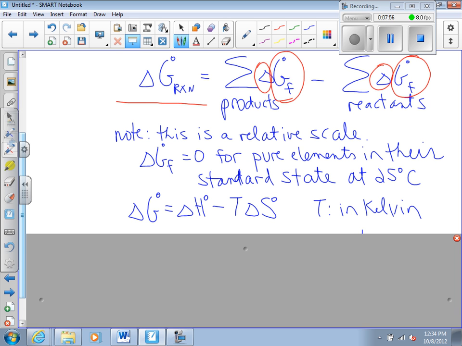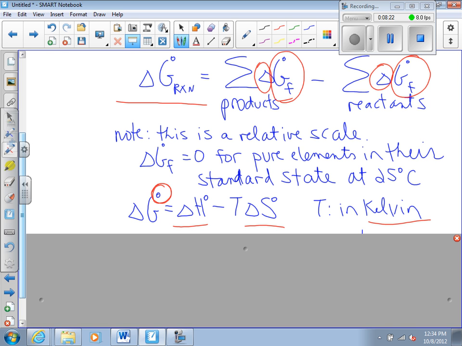Delta G reaction is the Gibbs free energy of the products minus the Gibbs free energy of the reactants. If you have information on enthalpy and entropy, you would use the second equation here, that delta G equals delta H minus T delta S. The temperature, really important. You have to make sure you convert your temperature to Kelvin or you will get the wrong answer.